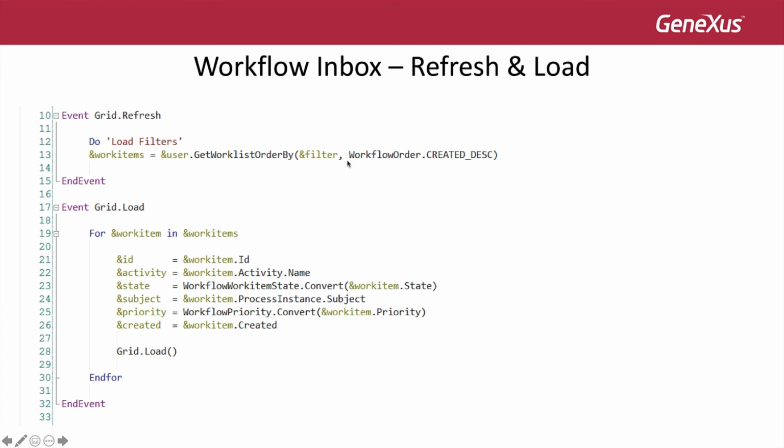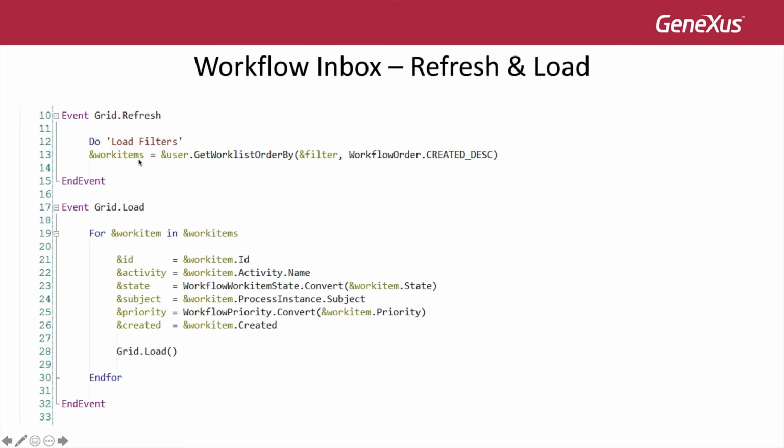And also, it has another parameter, which is the order in which we are going to see the information. In this case, we're going to order with the workflow domain, and it will be defined as the order by created date descending. This will return us a list of workflow work items.